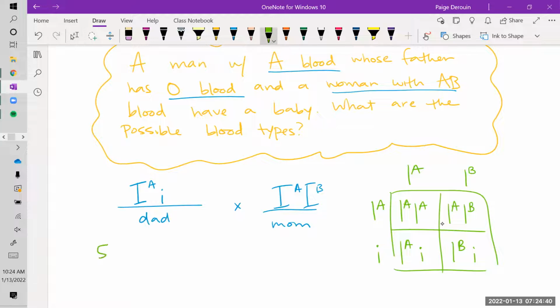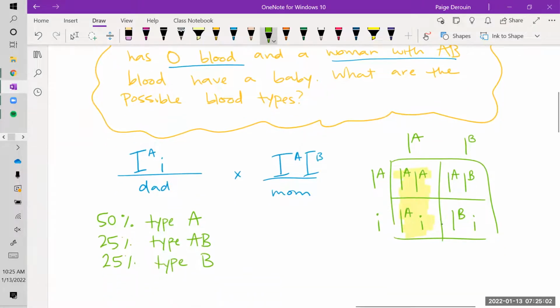This would be 50% type A because both of these are type A. And then 25% type AB and 25% type B.